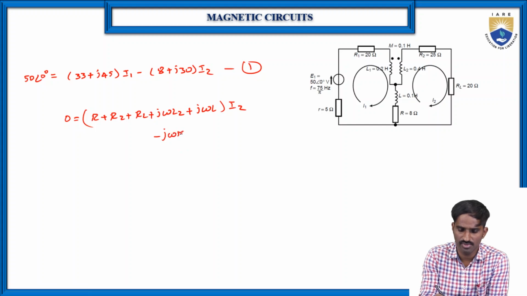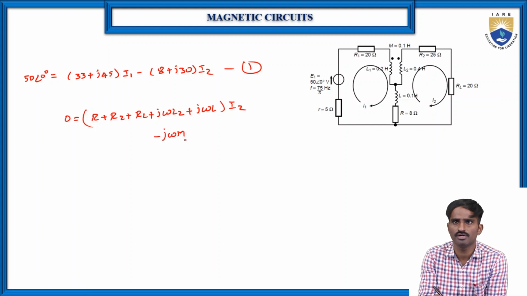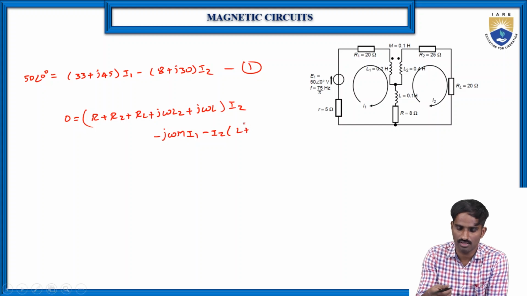j omega M into I1, and minus I2 into R plus j omega L, right? So just substitute all these values here.